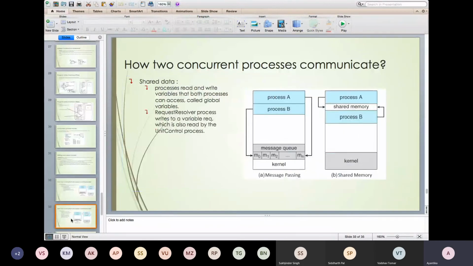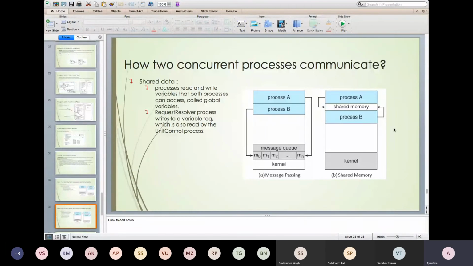Otherwise, the other way is you can communicate through shared memory. That means you have one shared location. If I take my traffic light controller example, your traffic light FSM and your pedestrian FSM both are writing, since they are communicating based on a few values, this pedestrian value, SIG, SIGI, these controller inputs.